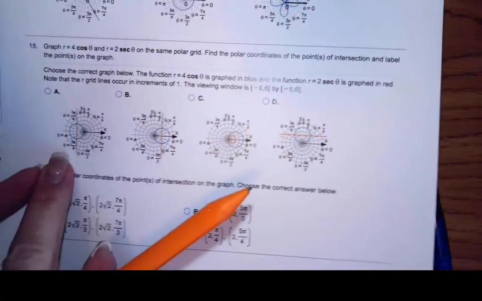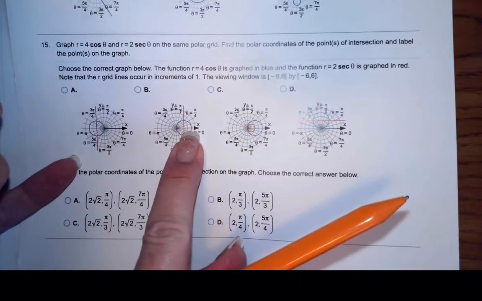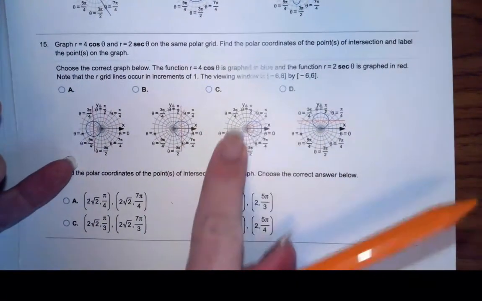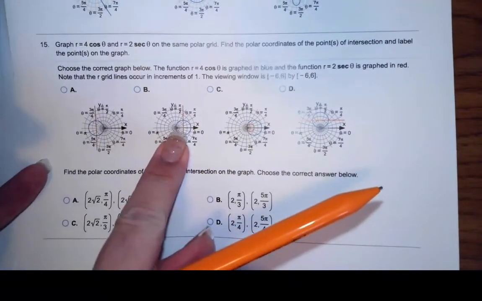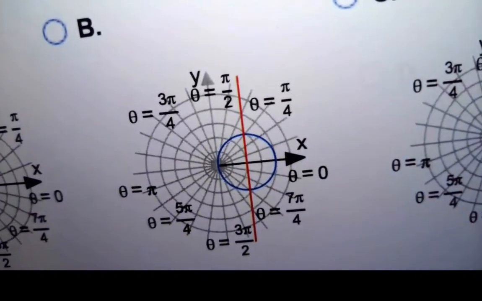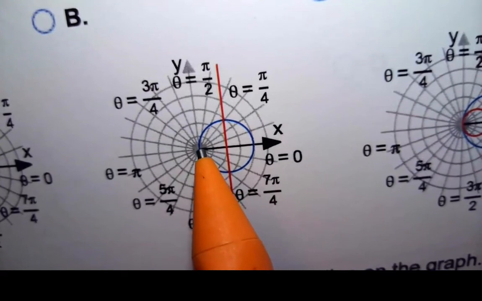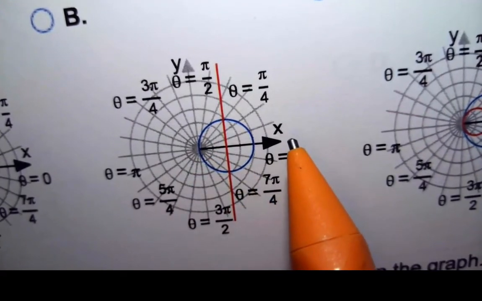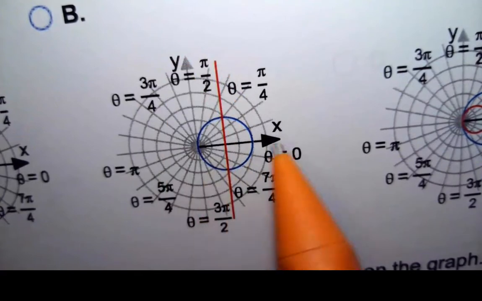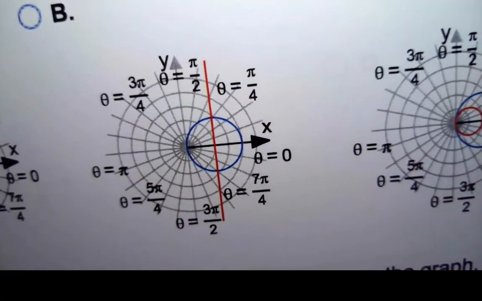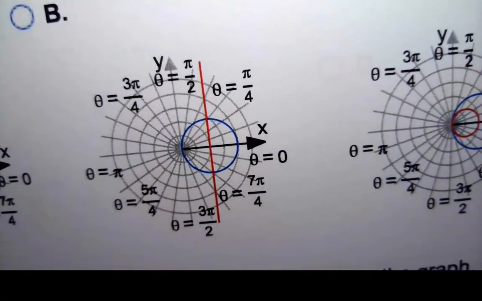So this one's to the right, that one's to the right, but that's two circles. So this is my answer, because that matches what I'm working with. That's the pole, your polar axis, and then my circle and my vertical line are to the right of it. So how do I actually solve this thing?